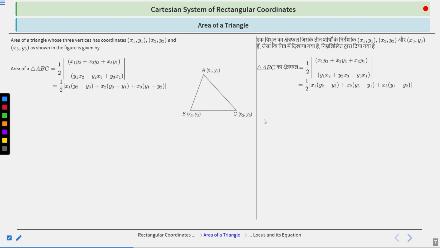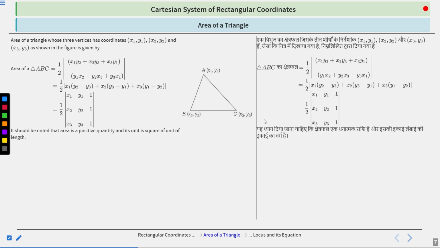So it can be further simplified as 1 by 2 into modulus of [x1 (y2 minus y3) plus x2 (y3 minus y1) plus x3 (y1 minus y2)], right? Therefore, it can be written as 1 by 2 into the determinant of rows (x1, y1, 1), (x2, y2, 1) and (x3, y3, 1), right? It should be noted that area is a positive quantity and its unit is square of unit length, right?